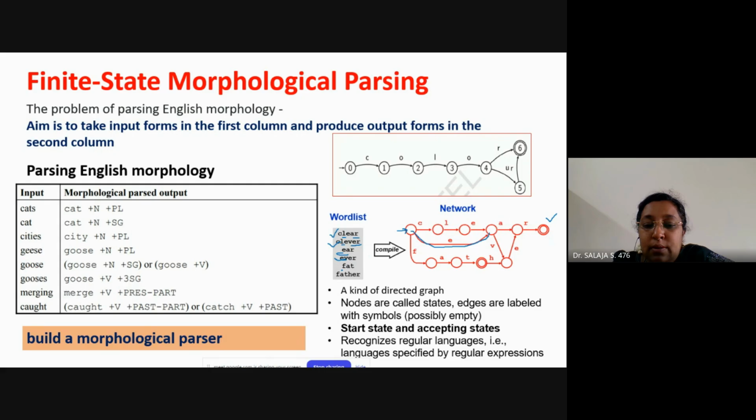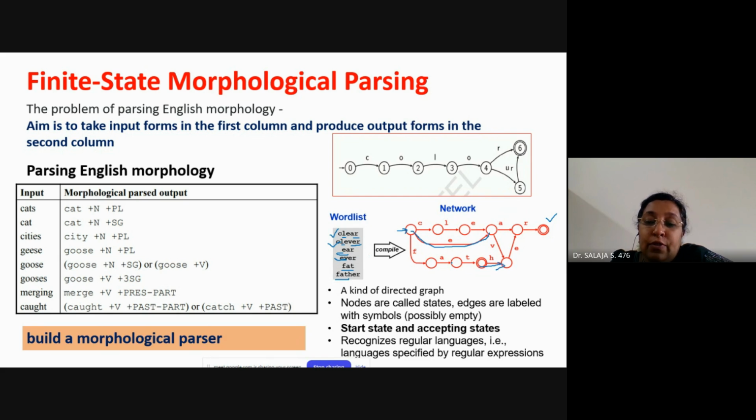And for the last two words, the first three characters are the same. So you have FAT and a final state. You need not stop at the first final state you encounter. You can move to any other final state if it's possible. In this case, if I have a character after T, I'll move on to this particular position.